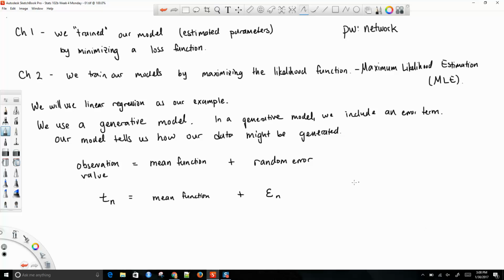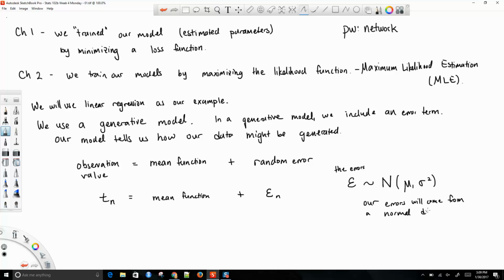And we can say the errors could come from any distribution, but here the errors will come from a normal distribution.